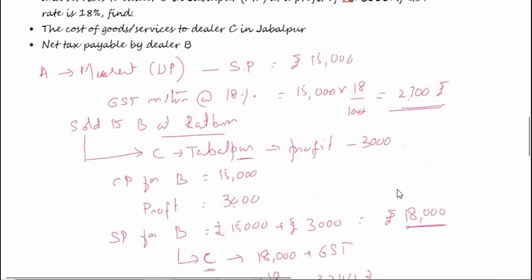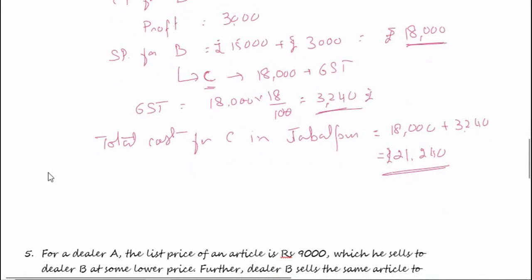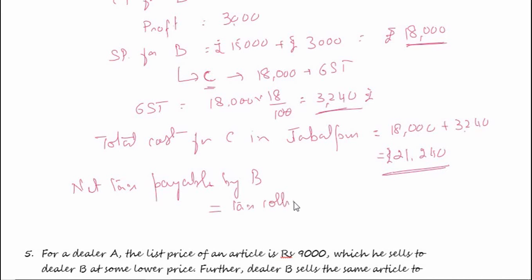Now we need to find the net tax payable by dealer B. Net tax payable by any person is tax collected minus tax paid.